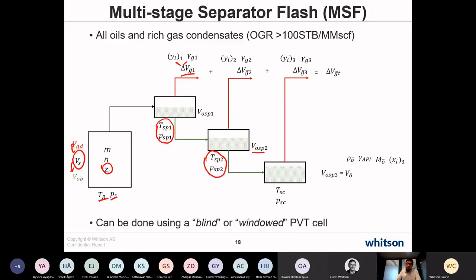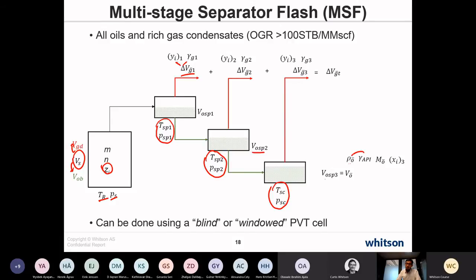Then we continue until we reach the stock tank condition, the surface conditions. Here again we will get a little bit of gas volume, and this will be our last stage, which gives the stock tank oil volume. We also measure the stock tank oil volume, the density of the stock tank oil, and the API.